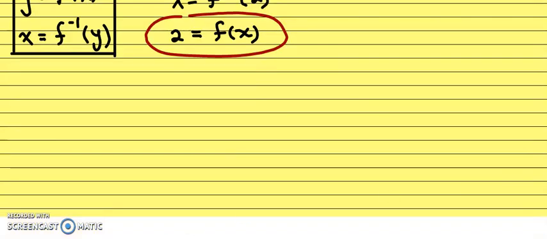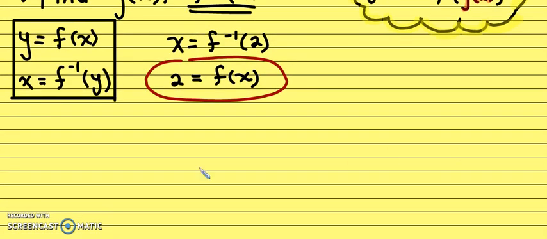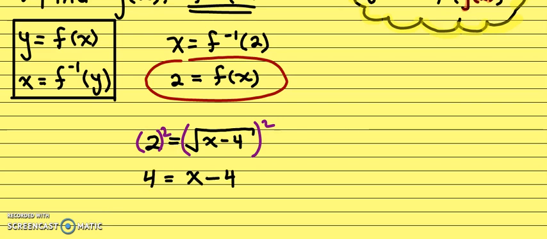So what we pretty much have here is that 2 equals the square root of x minus 4. So we'll go ahead and square both sides. So we have 4 equals x minus 4. And when we add 4 to both sides, we have x equals 8.